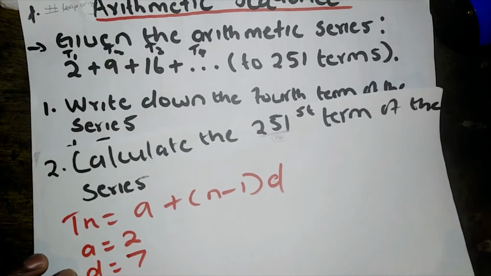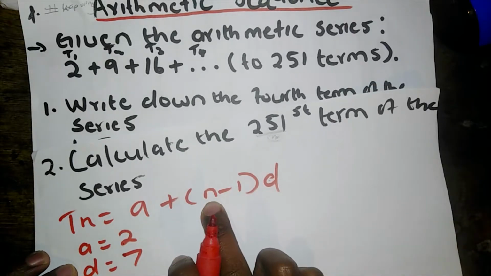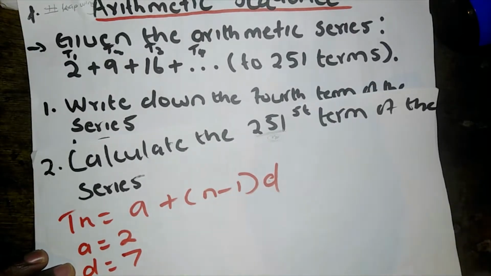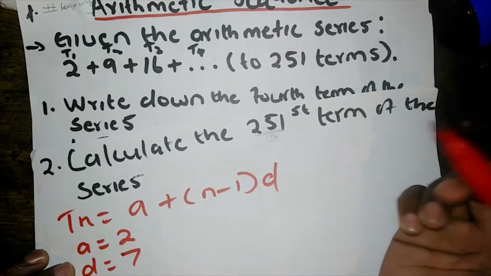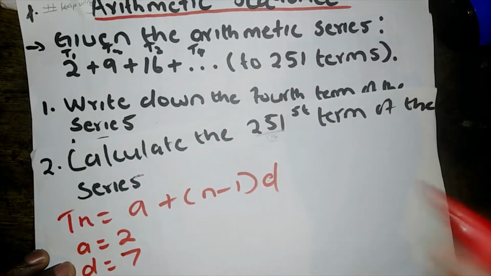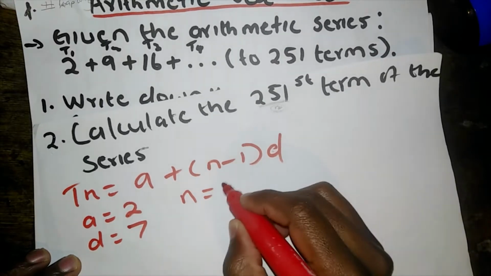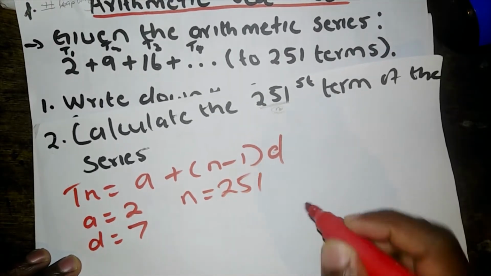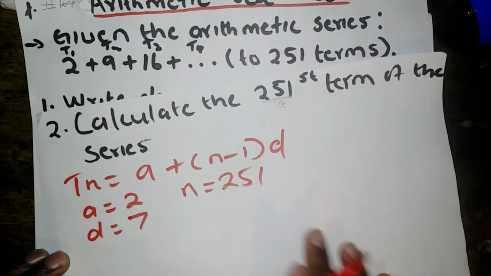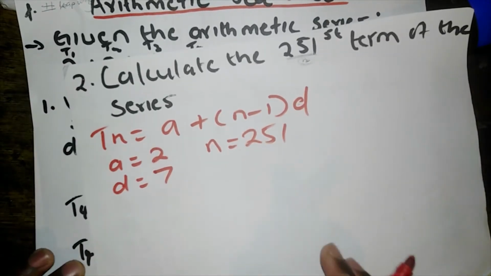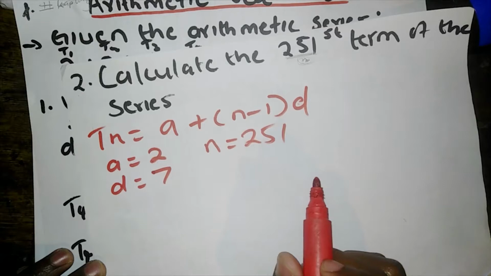So it's simple. So what is our n here? Our n here is 251. So we can calculate.